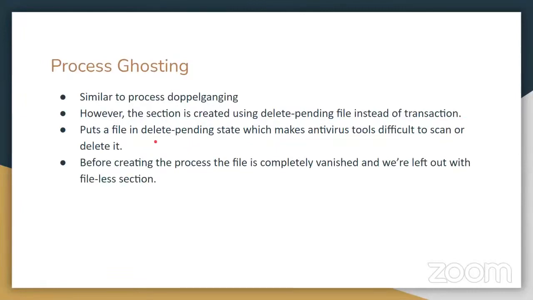But we just saw that the Defender was blocking us from creating the thread using the process doppelganging technique. So let's see if this will bypass it, and allow us to execute the thread.